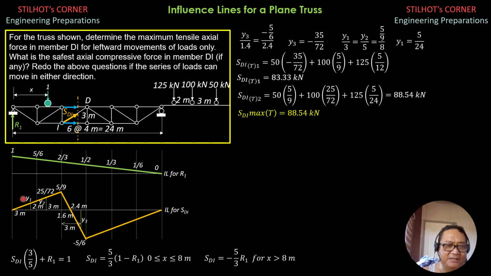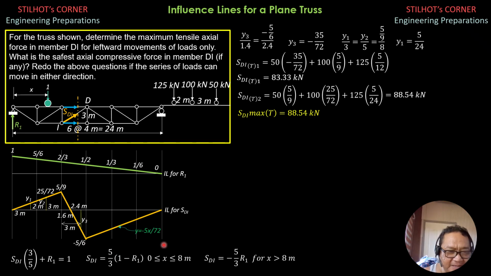The other way is, instead of similar triangles, we define the equation of this line. The origin is here. So 5 over 9 vertical over horizontal 8, the slope, and it passes through the origin. So y equals 5 over 9 divided by 8, 5 over 72x.